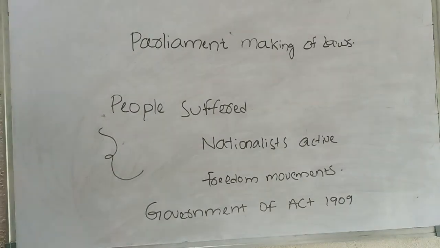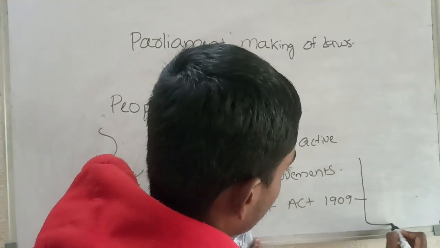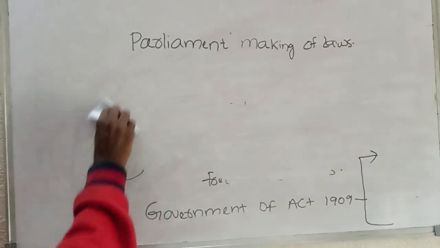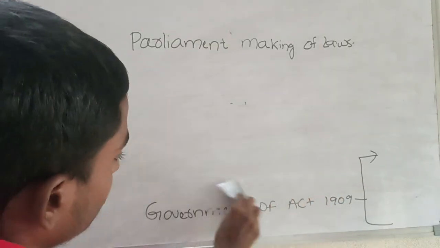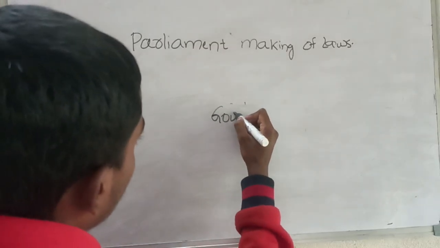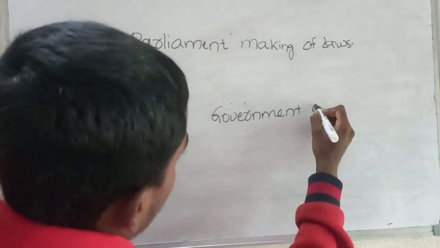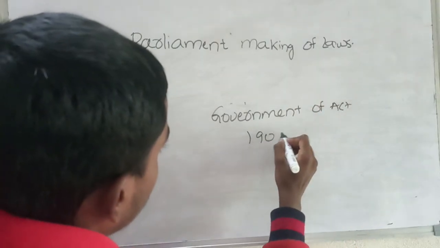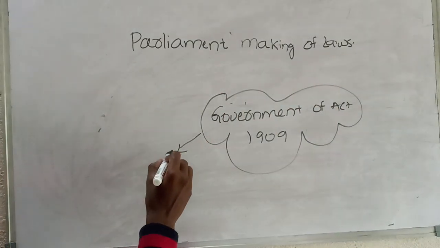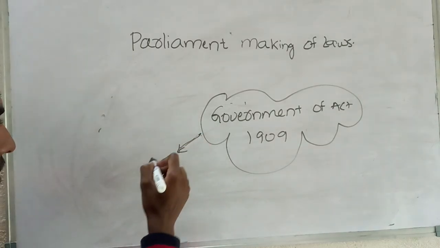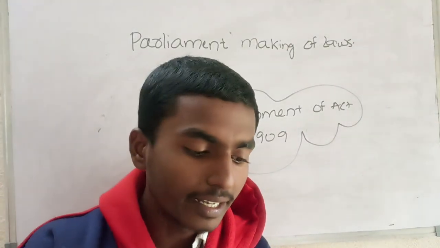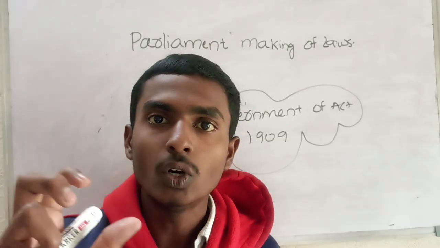So this act says that for a certain range of people in our India, they provided the right to vote.